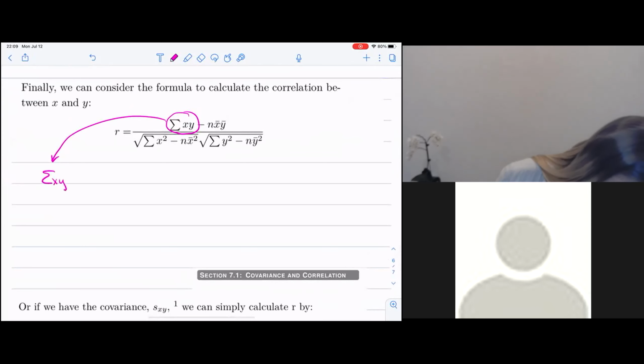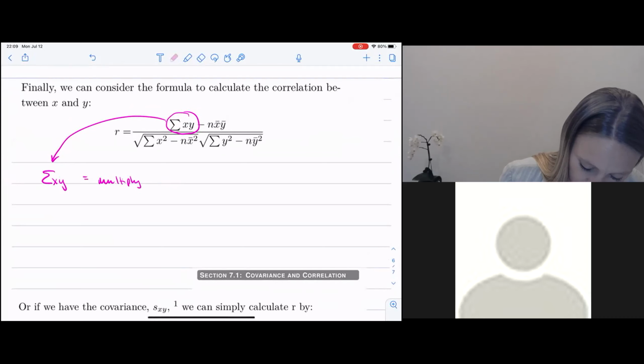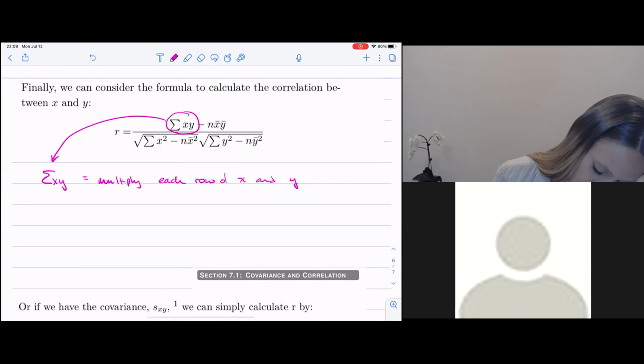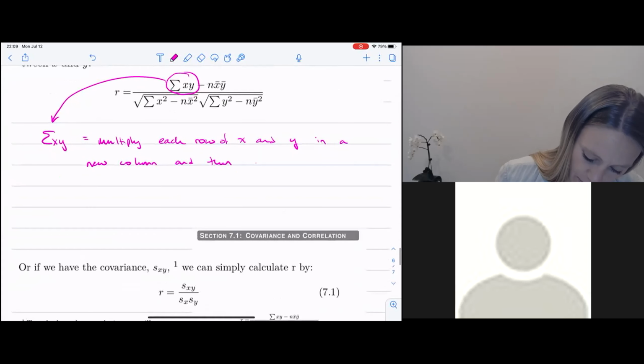The sum of x times y is we need to multiply each row of x and y in a new column, and then add them up. Okay.